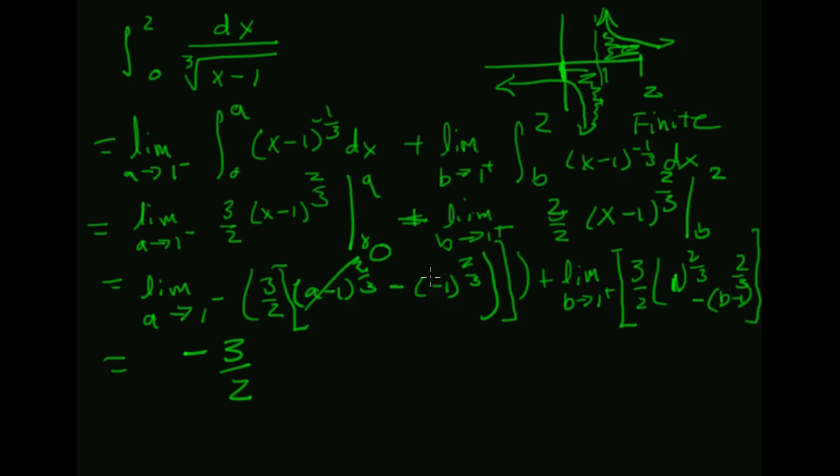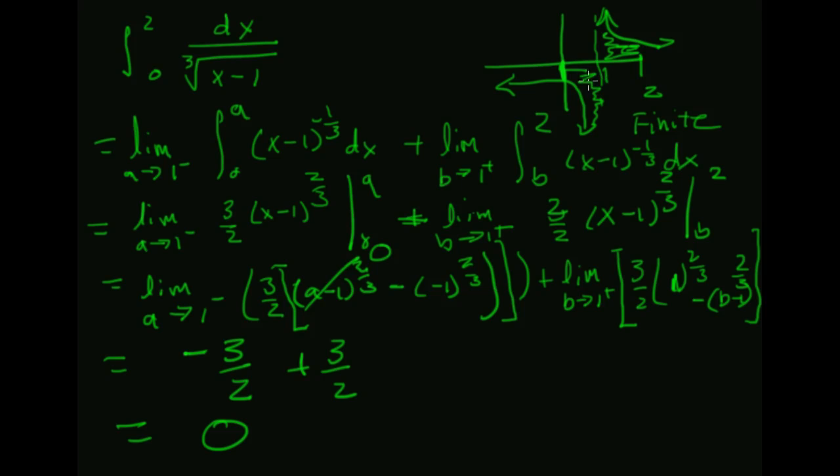So this is 3/2 times negative 1, which is negative 3/2. We take the b to the first here, and that's going to give me 1. Oh, sorry, that's a 1 there. So 1 minus 1 is 0, so this is just going to be 3/2. Okay, slow down and work that out by putting the 1 in here, putting the 1 in there, and you'll get negative 3/2 plus 3/2, which works out to 0.